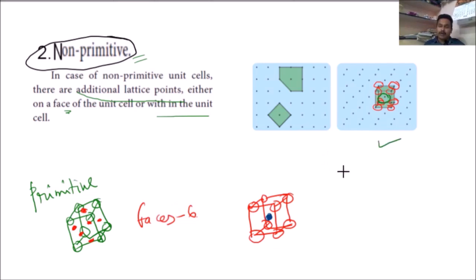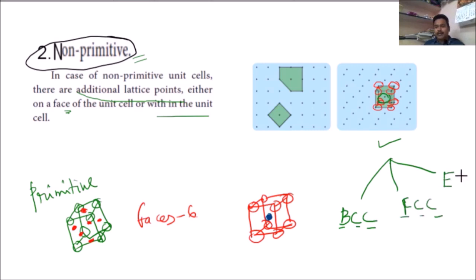In non-primitive, we are going to study 3 different unit cells: body centered cubic cell, face centered cubic cell, and end centered cubic cell. These 3 types we are going to study under non-primitive.